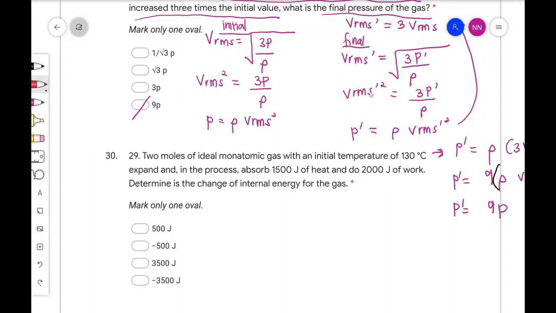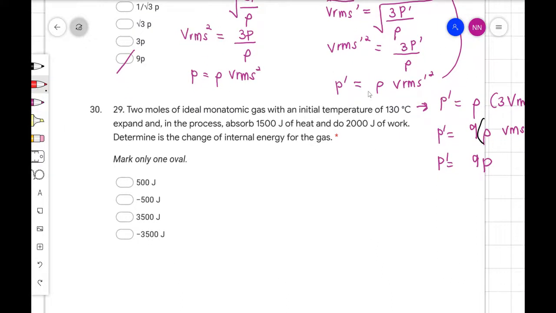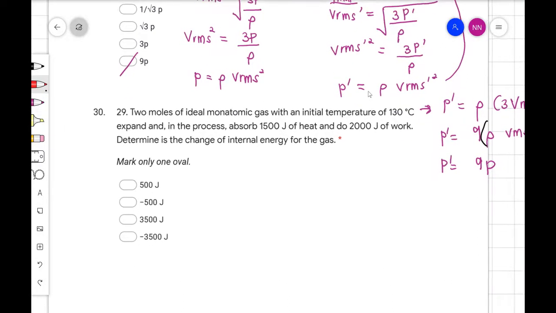Then number 29. Okay. 2 moles of ideal monoatomic gas, initial temperature 130 degrees, expand and in the process absorb 1500 joule of heat. That means Q is positive.